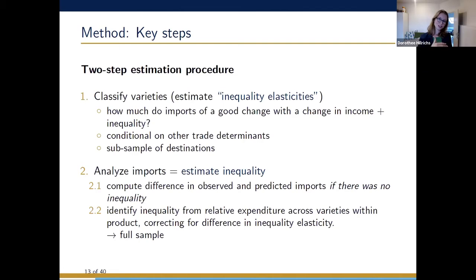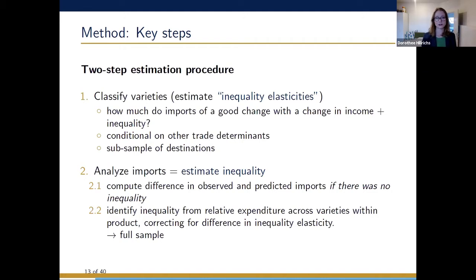And this is conditional, here we use the trade theory, conditional on other trade determinants, such as the bilateral distance or the size of the economies. And we do this using the subsample of countries that I showed you in the very first map, that was in green.